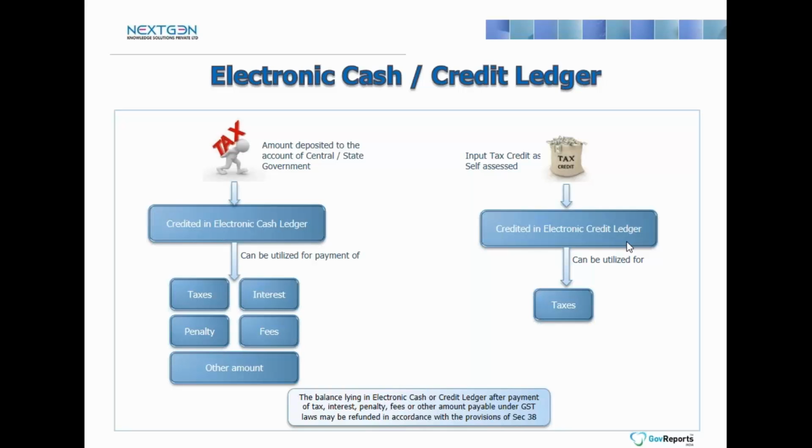This payment can be made electronically through RTGS, NEFT, by using a debit card or credit card. The taxpayer has the freedom to register any debit card and credit card with the GST portal, and then make the payment of taxes by using this debit card or credit card. He can also make the payment of taxes by way of cash or check deposited in the bank account.